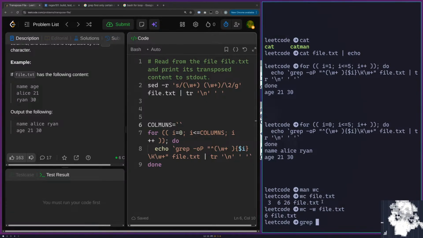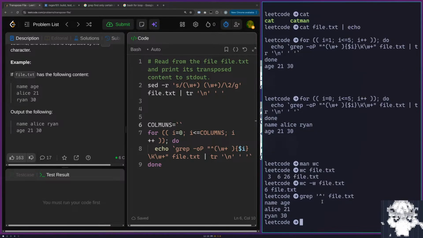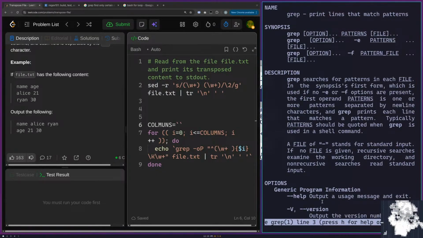Grep caret in file.txt. No, huh? How do I grab only the first line from something? Man grep. There's a thing for only the first, right?